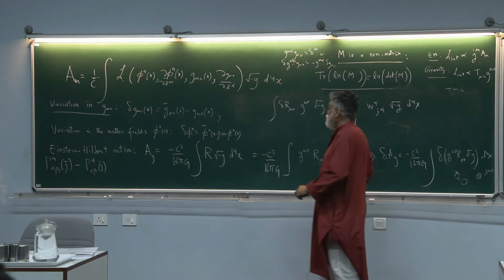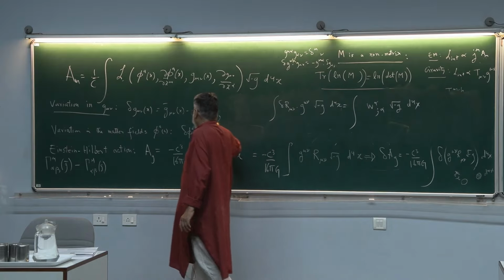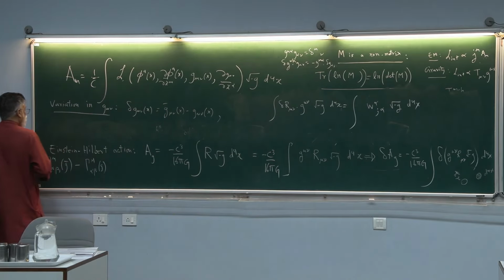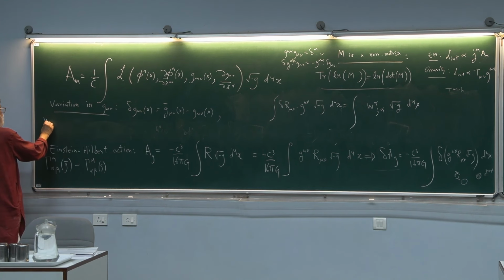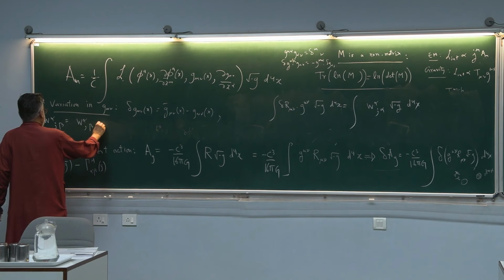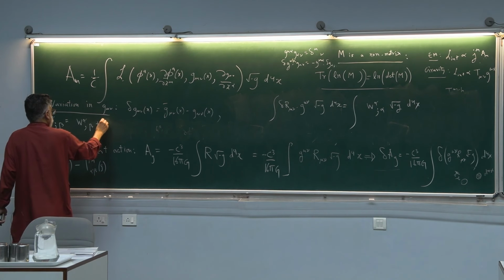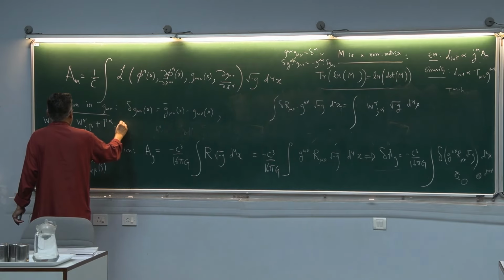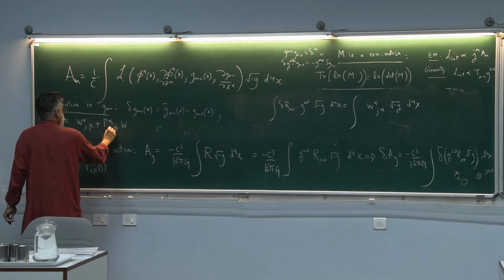So let us expand what the covariant derivative is. What is the covariant derivative with respect to beta of W alpha? By definition it is the ordinary partial derivative with respect to beta. This is a contravariant vector, so plus gamma alpha beta sigma W sigma.